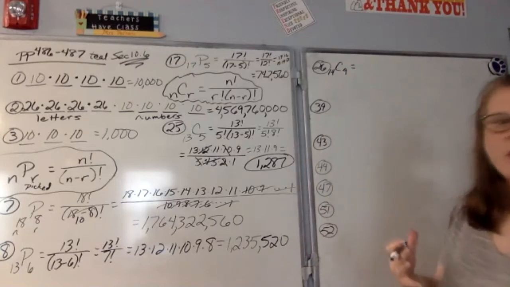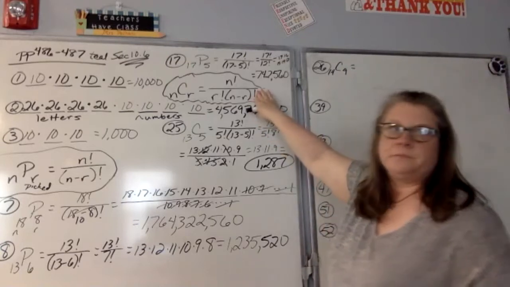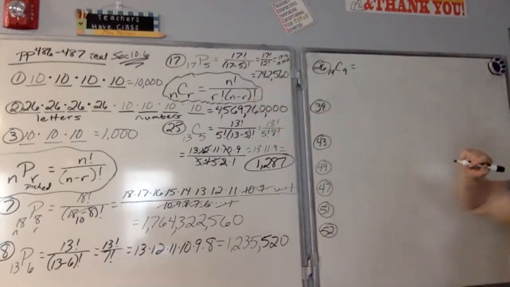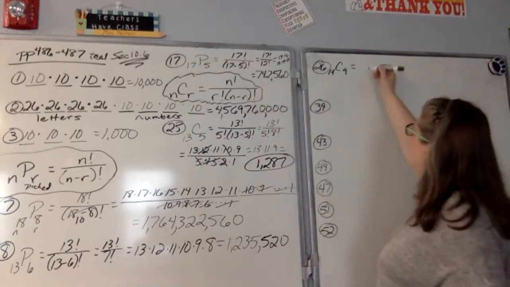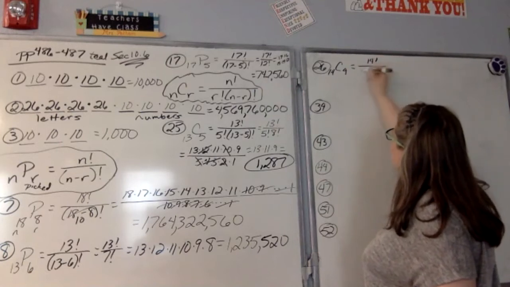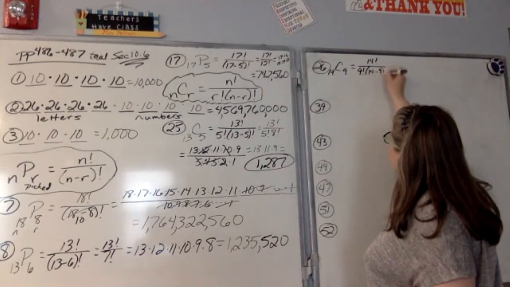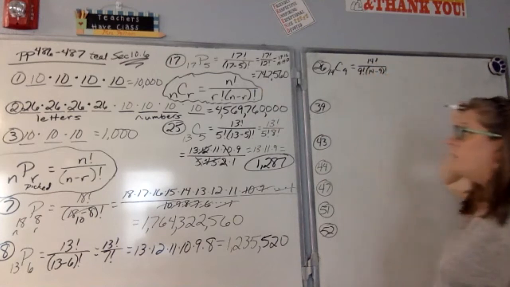So when we're doing combination, this is our formula for combination. I have 14 factorial on the top, 9 factorial times 14 minus 9 factorial on the bottom.